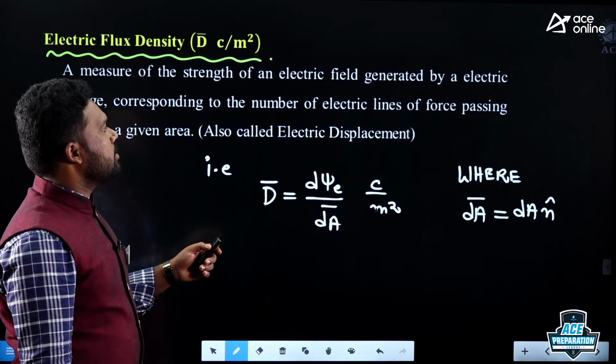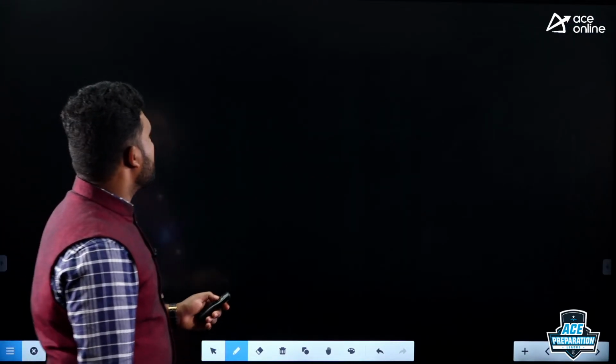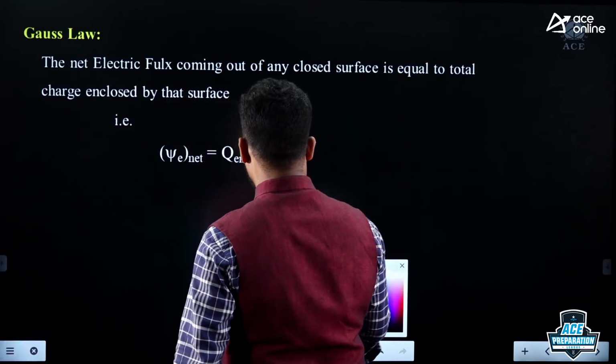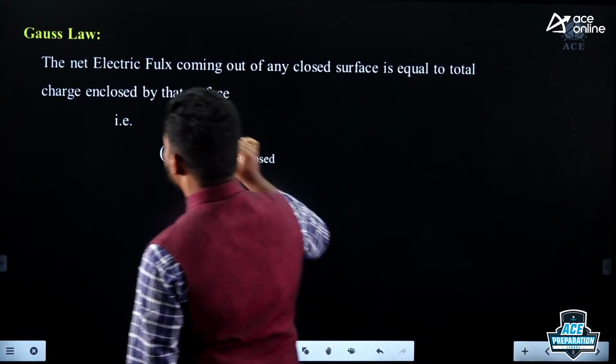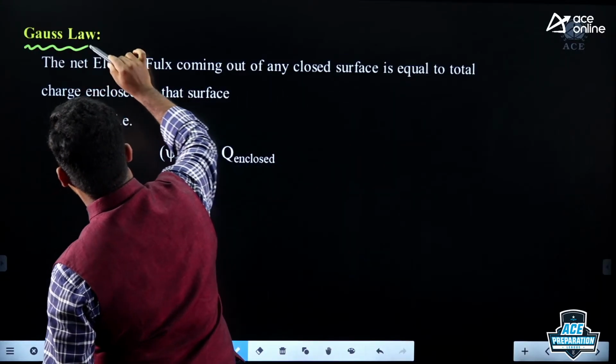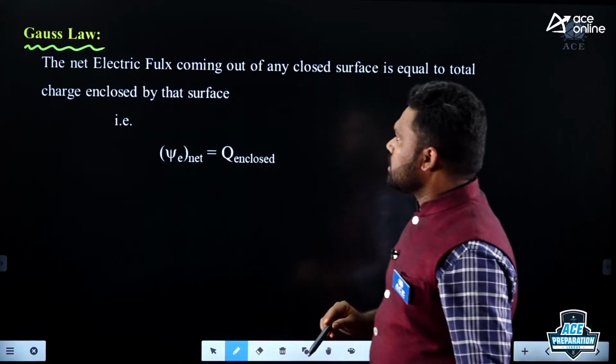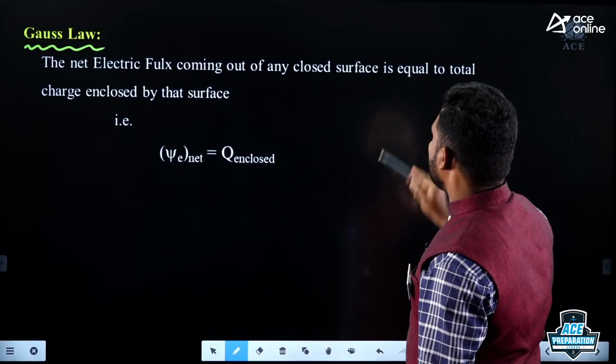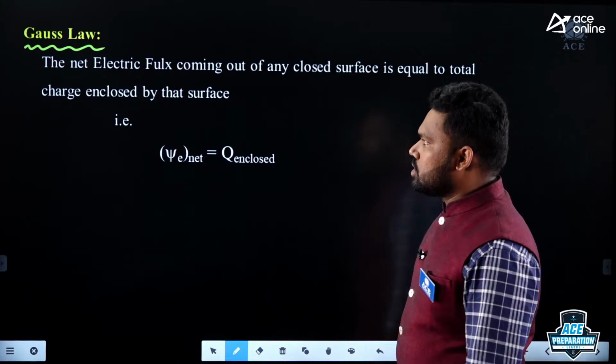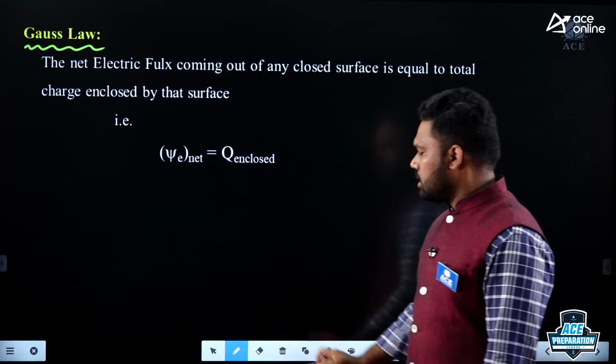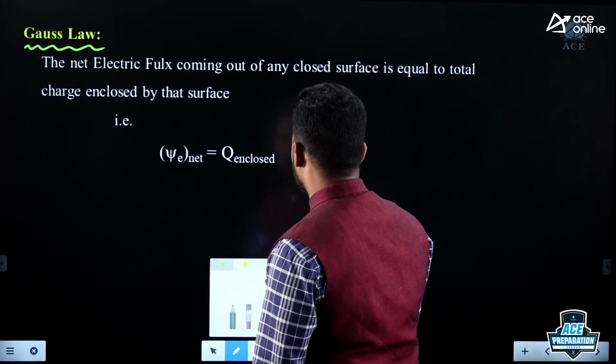Now we'll go to the formal definition of the Gauss law. Yes, here is the Gauss law. What the Gauss law is saying, just read out. The net electric flux coming out of any closed surface is equal to the total charge enclosed by that surface. Fine. There are only 2 points that need to be remembered from the Gauss law.